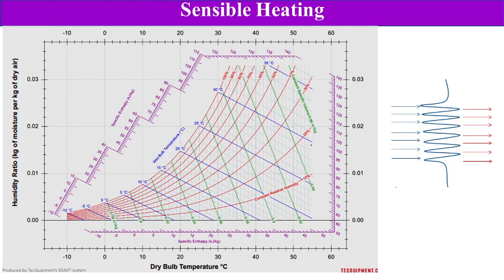Now let us consider sensible heating. Let us consider an electrical coil. This is the electrical coil, and this is the air which is entering at a temperature TD1. So TD1 is the temperature of air entering over the coil, which is the heating coil.